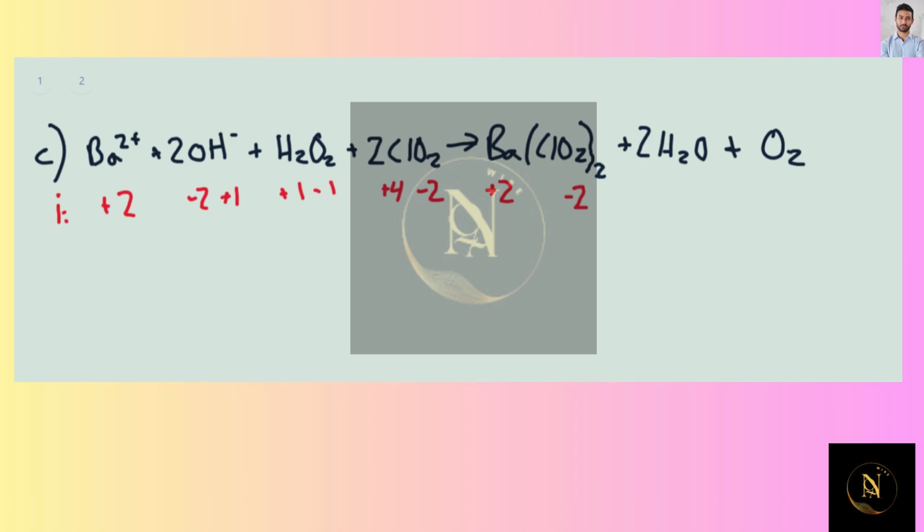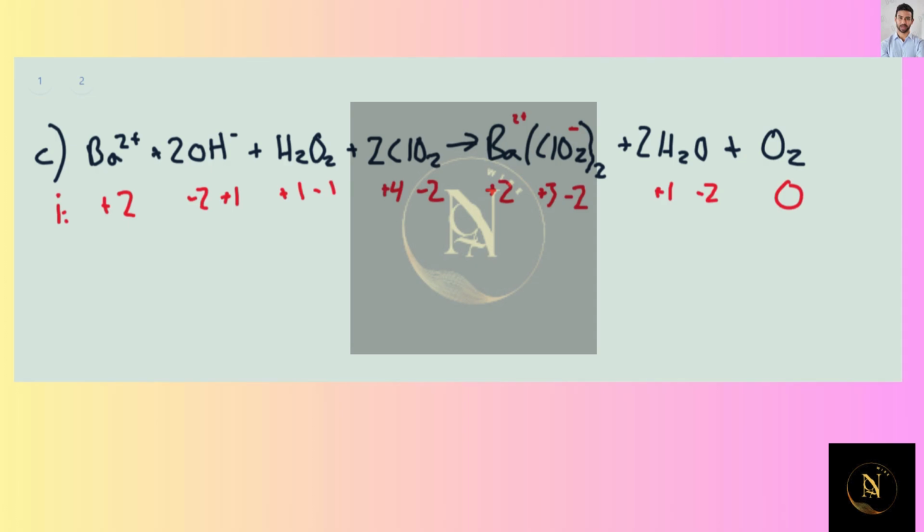In this case, it's not the same because over here we had a neutral molecule. Here we have a 2 plus, which means that we have to have a negative here. So in this case, the chlorine will only be +3. Then hydrogen is +1, -2, and 0.